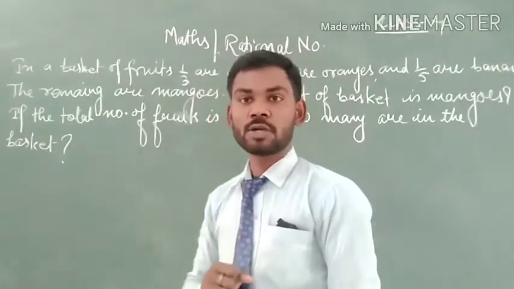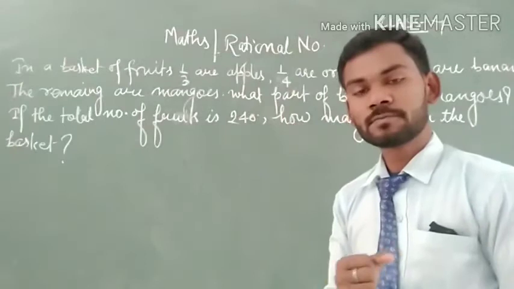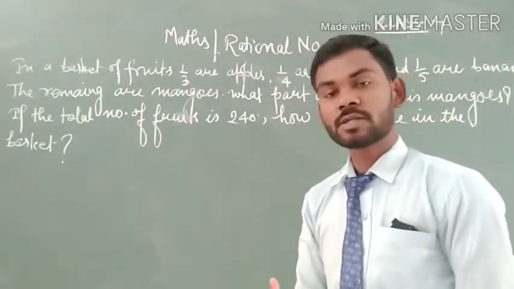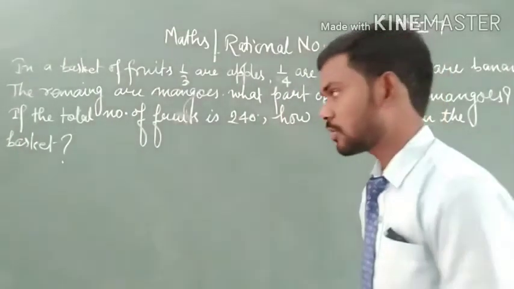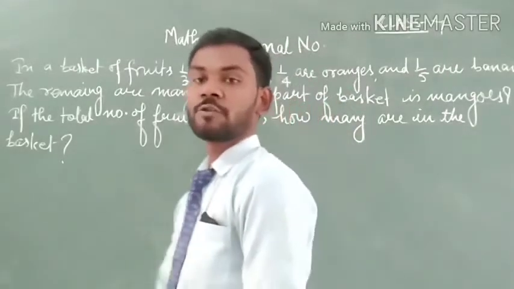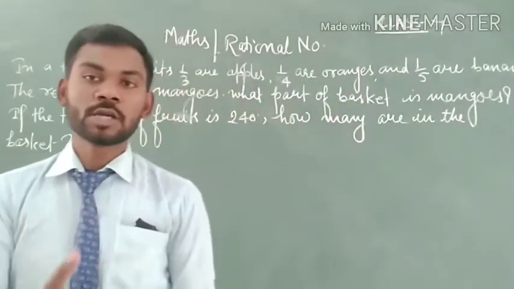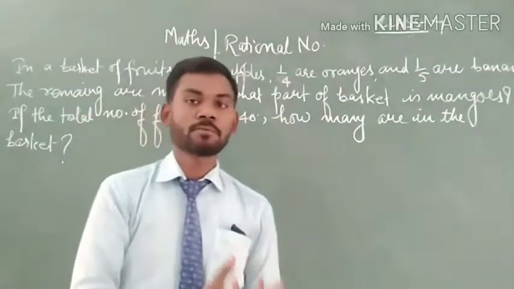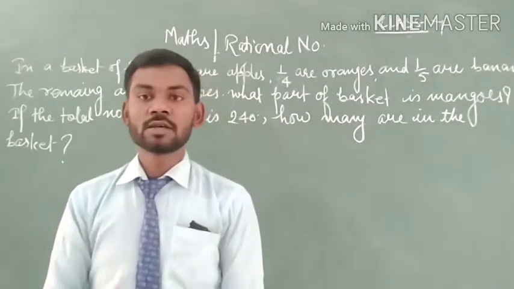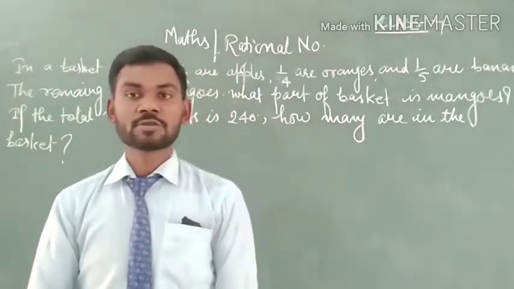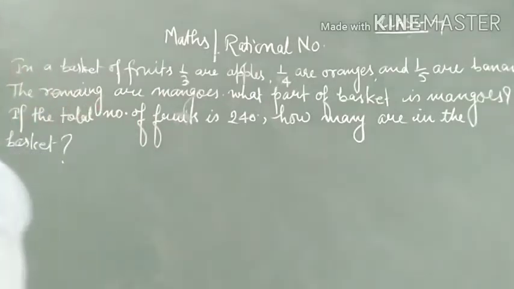So first of all, we have to find out the part that is filled with mango, and in the second case we have to find out the number of each type of fruit that are filled in the basket. So students, let us see them.